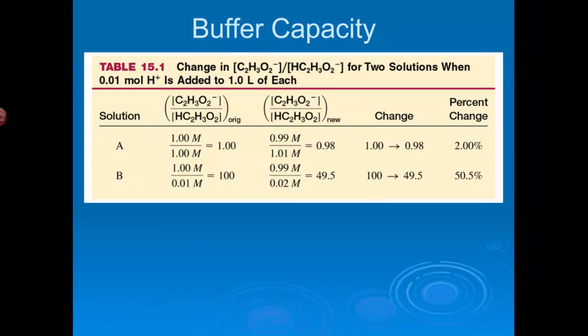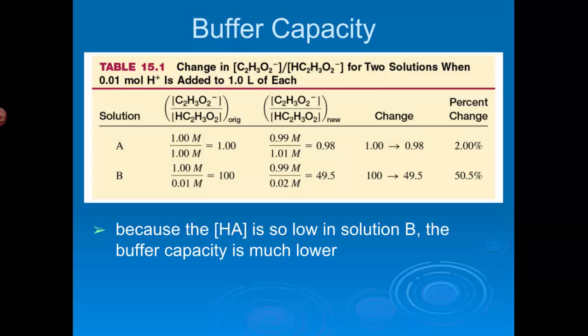If the concentration of base to acid is rather large, then the percent of pH change is going to be rather large. So in solution B, there's such a small concentration of acetic acid compared to the base, the buffer capacity is very low. It can't resist changes as well as it can in A.